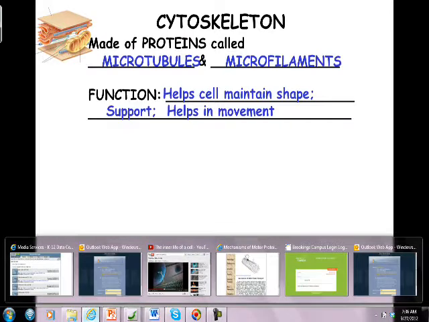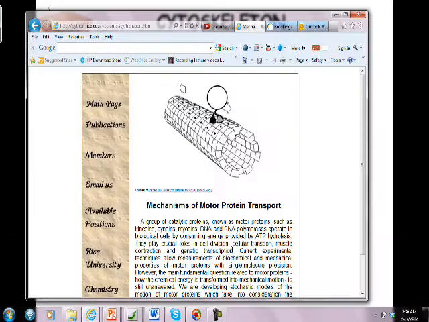And this is one of my favorite cell parts. It works with the cytoskeleton as part of moving things around in the cell. And there are actual little transport motor proteins that work with the cytoskeleton. And they have little feet, and they're really cool.